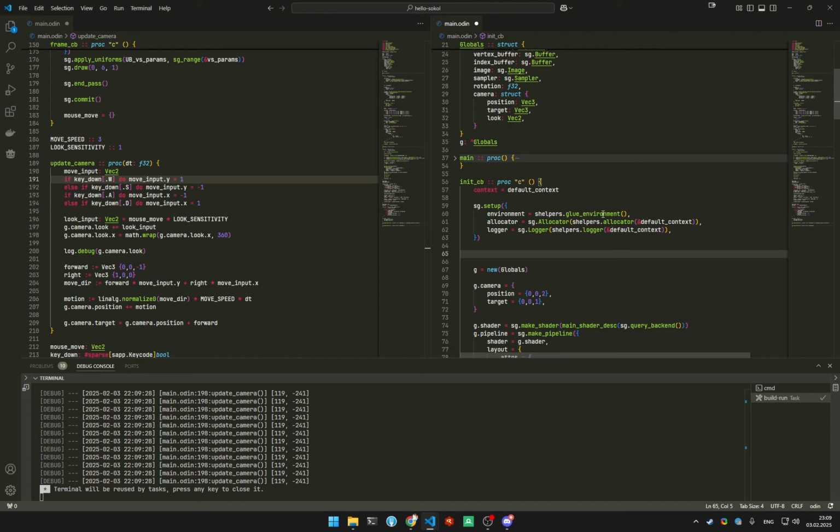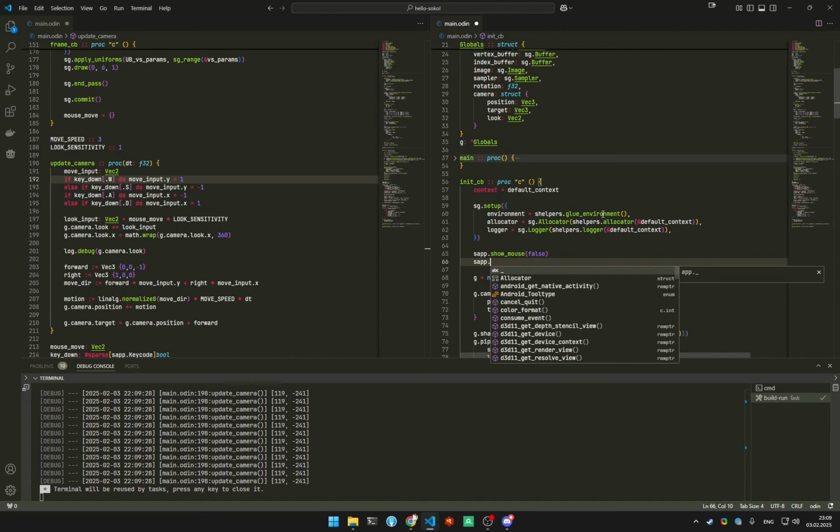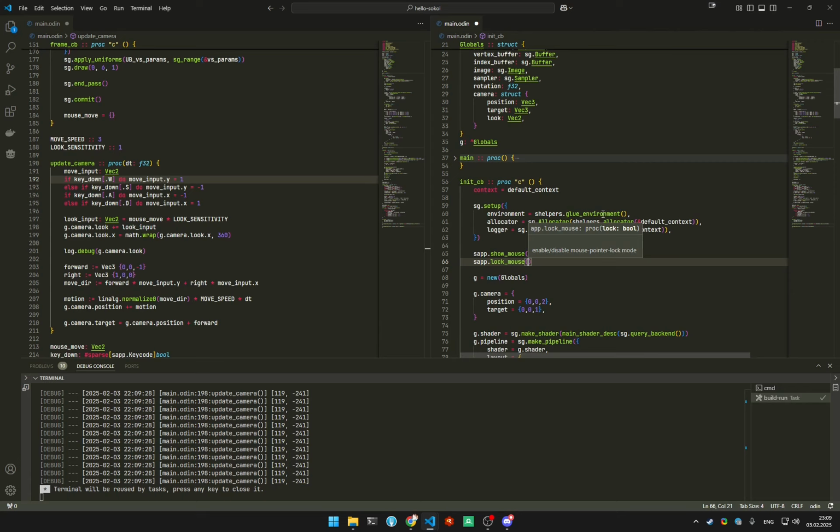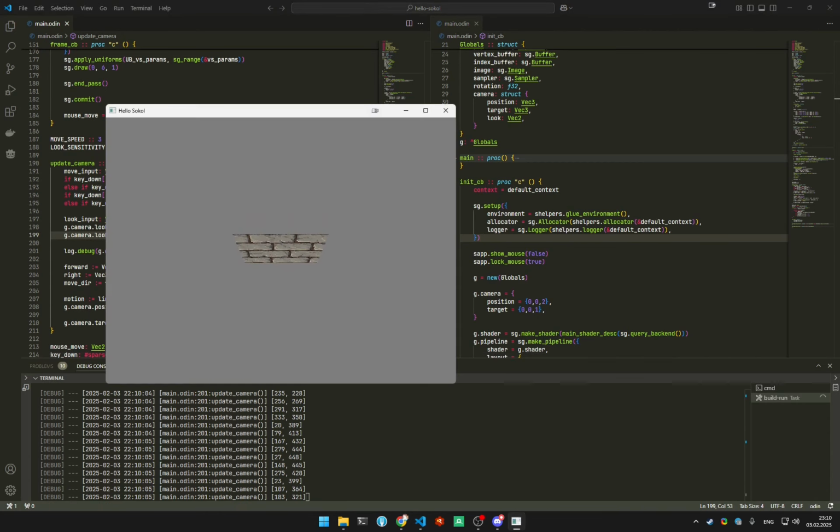So if we could initialize the graphics, what we actually want to call is Sokol app show mouse false, so we don't want to show the mouse cursor, and app lock mouse, so we want to prevent it from going out of the window. So we want to not show the mouse and we want to lock the mouse, and this is how we do this. Now if we run, you see no mouse cursor and it's not going out of the window.